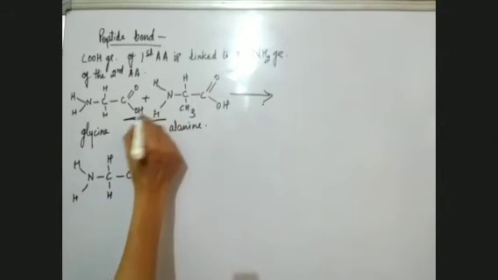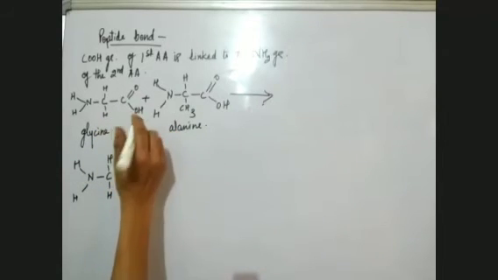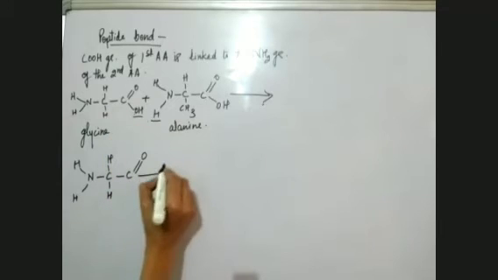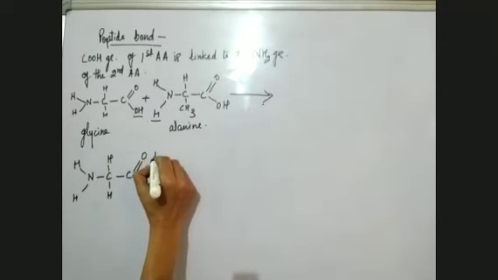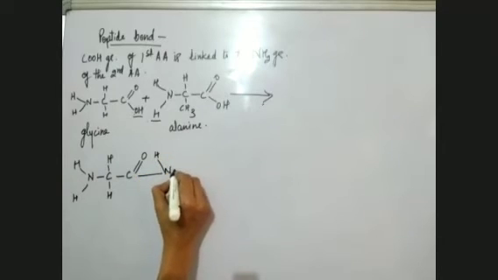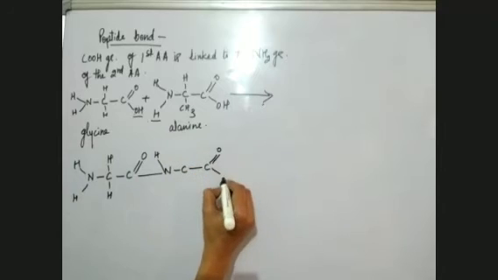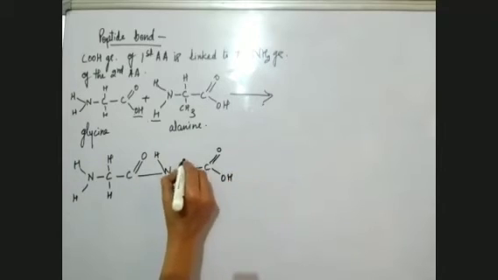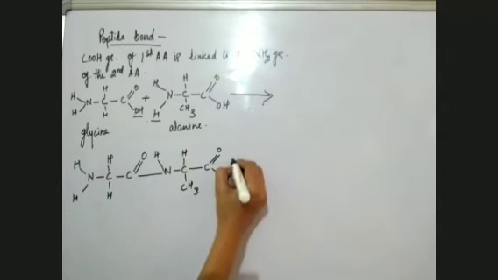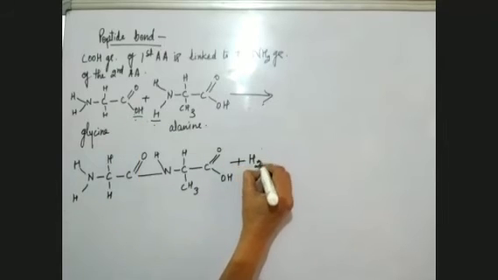During the linkage, this and this participate. And what does it form? Only one H, it forms the bond: N, C, C, double bond O, OH, here H, here CH3, plus this OH and this H form one water molecule.